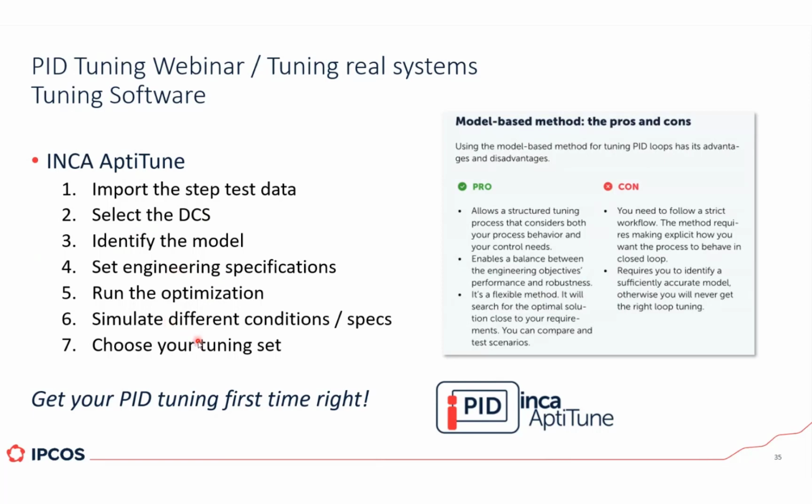And then in the end, we can simulate different conditions and choose the best response that we want. Okay, and the idea is that the first time we already find a very good tuning set with Inca AptiTune. And just one thing here: when we are using model-based methods or tools, we need to follow a strict workflow, right?